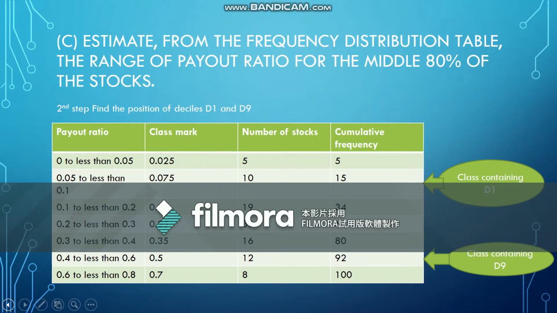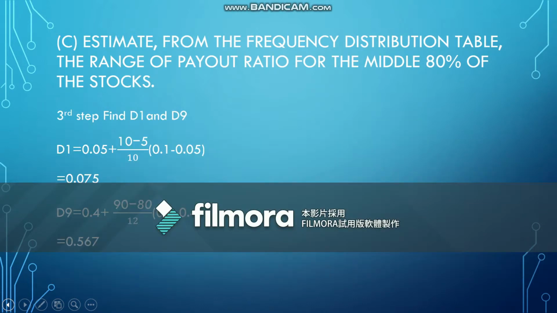Then we need to find the class that contains D1 and D9 in the table. We can find that D1 is in 0.05 to less than 0.1, and D9 is in 0.4 to less than 0.6. Then we can use the formula to get D1 and D9.